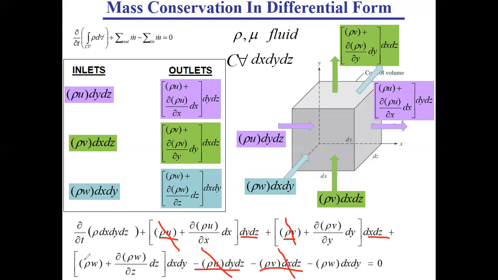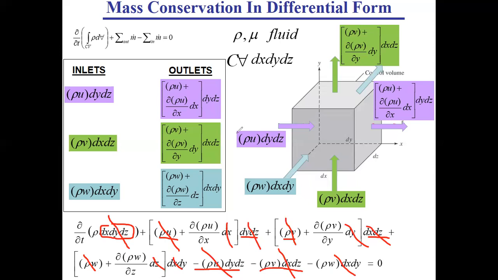And from this side you have plus rho w dx dy minus rho w dx dy, it will cancel out. Now if you look at the remaining terms, all remaining terms are multiplied by dx times dy times dz. So you can simplify dx times dy times dz, and then you will obtain a much simpler relation.